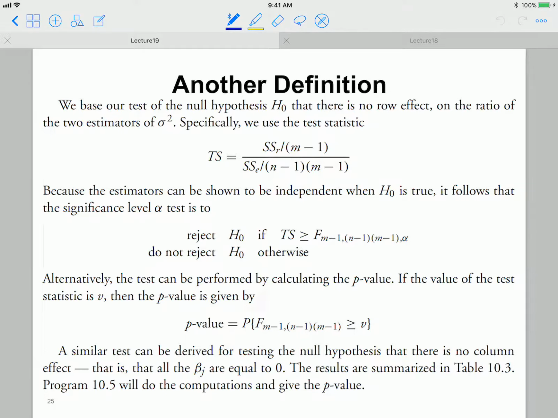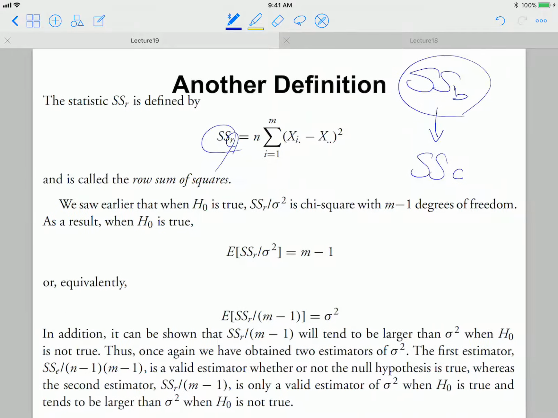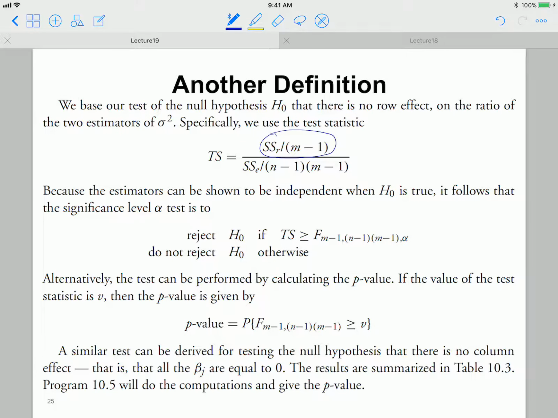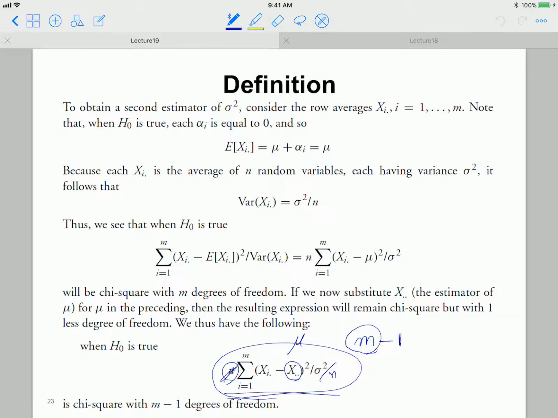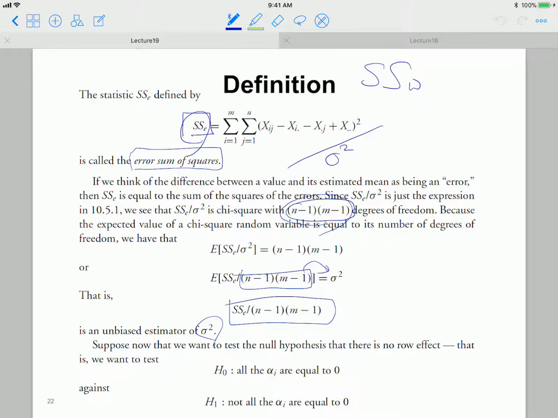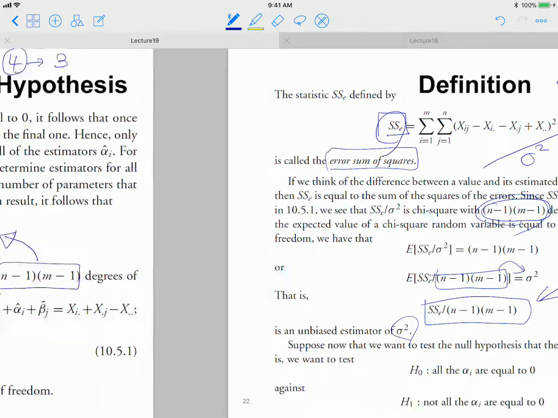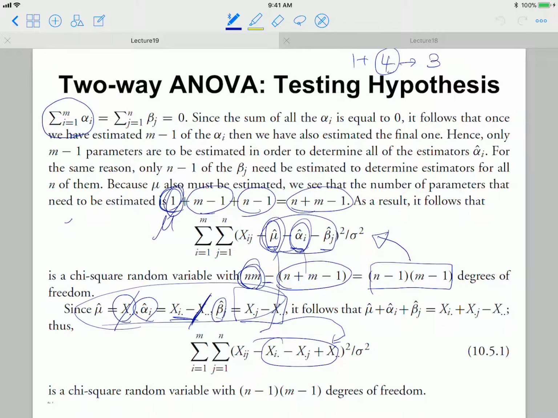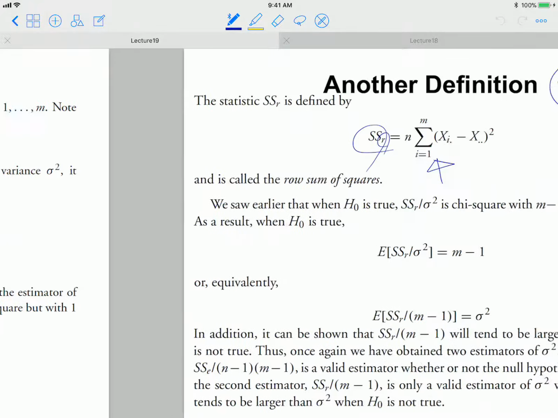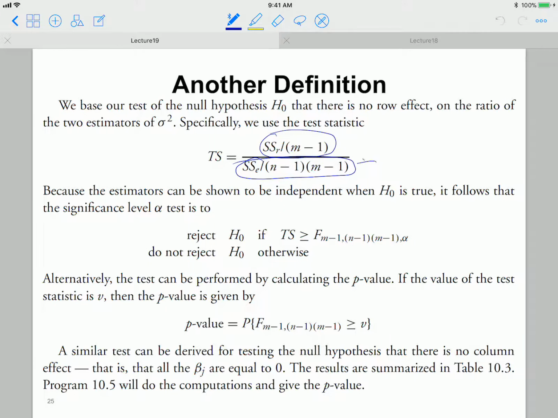Okay, and then the hypothesis testing is now quite easy. In the numerator, we utilize this guy, the second way of computing sigma squared, and then the denominator was this guy, right? And so we obtain the degree of freedom in this manner. So this is the key part, and that is forming our denominator for our test statistic.